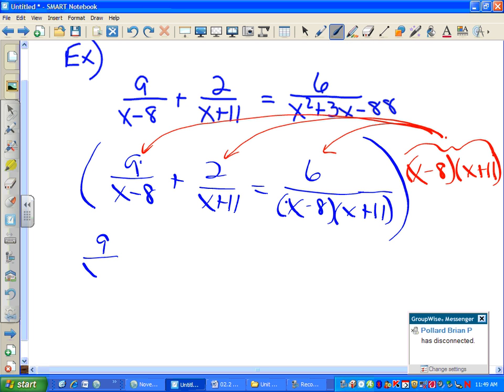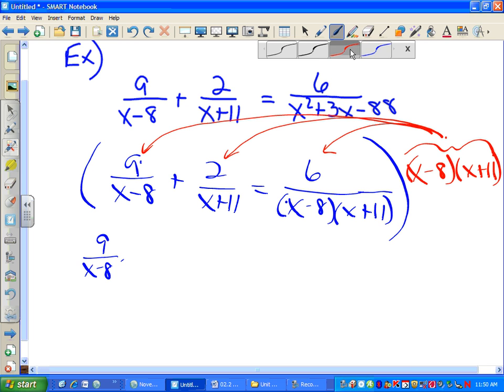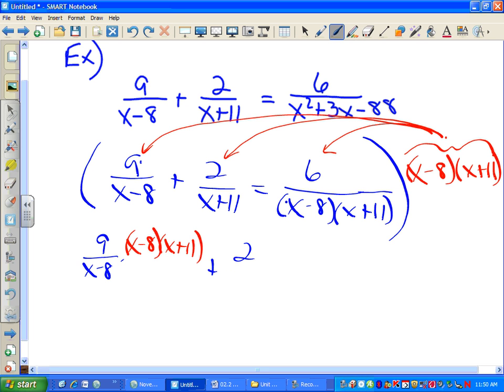I have 9 over x minus 8, and I'm going to multiply that by the x minus 8, x plus 11, right? Then I'm going to take my plus 2 over x plus 11 and multiply it times the same thing, x minus 8, x plus 11, equals.